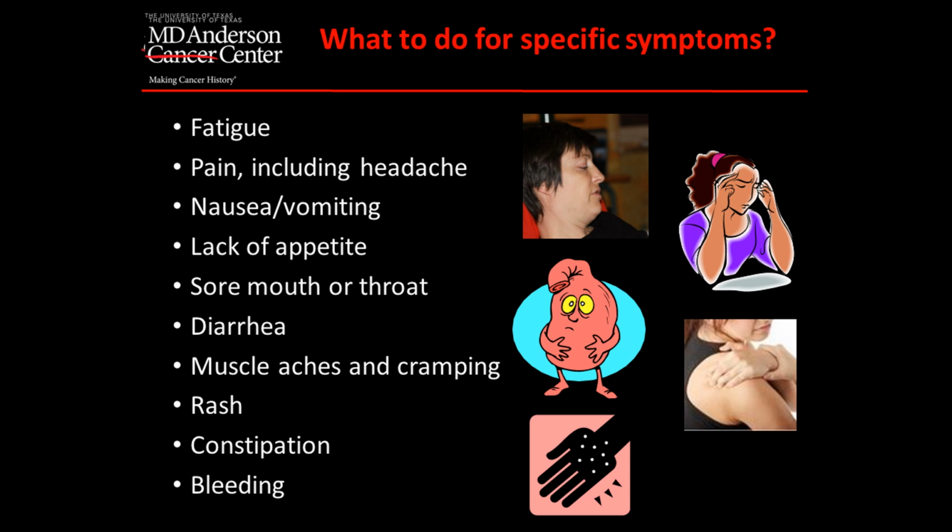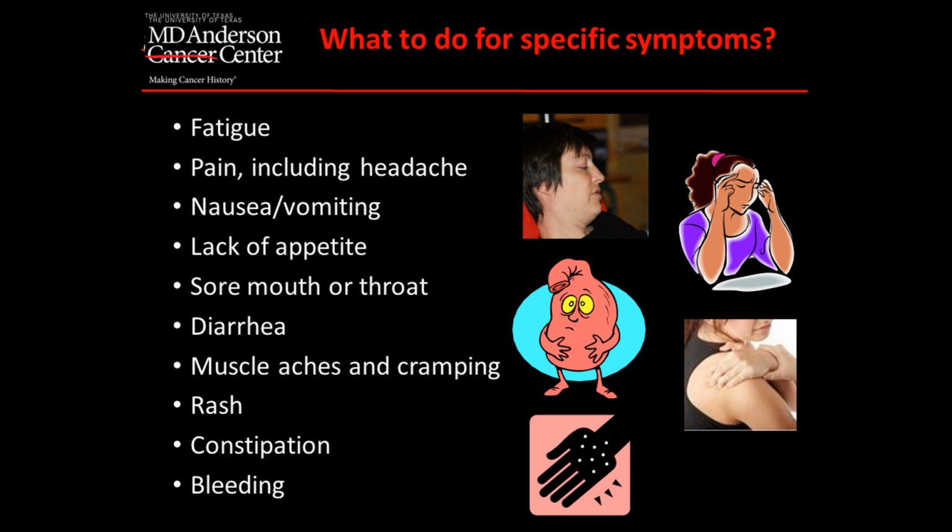Be careful if you're using topical anesthetics in your mouth, because if you swallow them, they can eliminate your gag reflex and you may choke on something, so you need to be careful with that. Again, with a sore mouth or throat, avoid spicy or rough foods, because that will cause more irritation. And cold foods, popsicles, things like that may be soothing. And if it's very severe, you may even need pain medication for a sore mouth or throat.